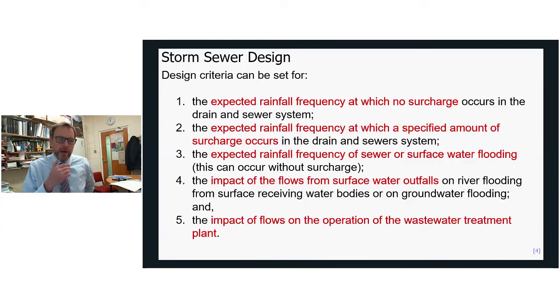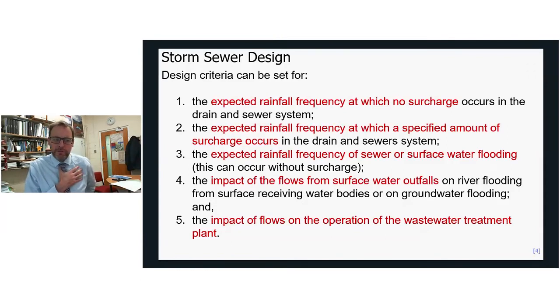But stepping back, we could set a number of design criteria. So we could look at expected rainfall frequency at which there would be no surcharge, and that's really what the table in the previous slide was about. Expected rainfall frequency at which a specified amount of surcharge occurs. I think it'd be quite unusual to use that design approach, to be honest.